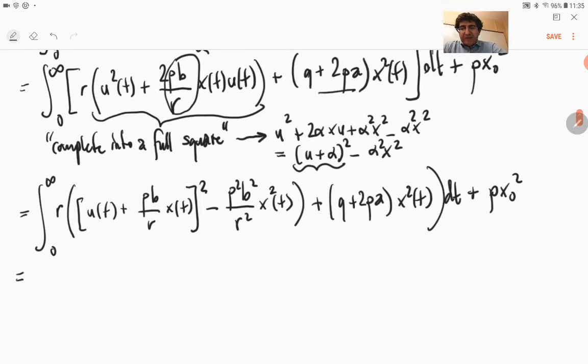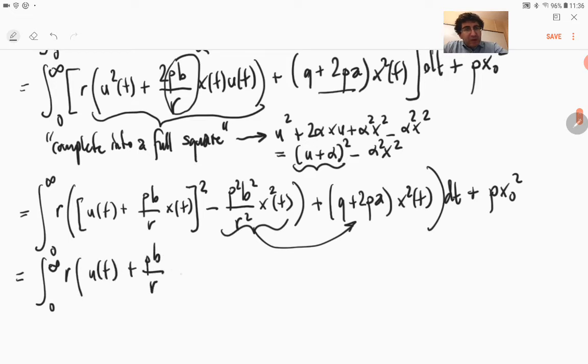So now let's take this term and move it to the second part of the expression. We have the first term, u plus pb over r x of t, squared.